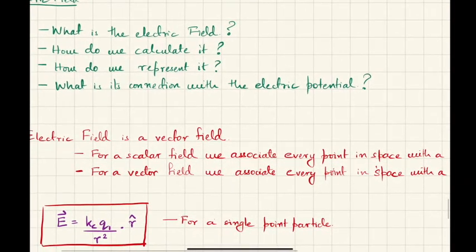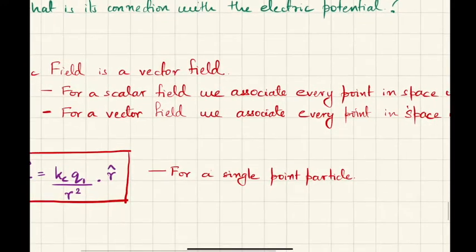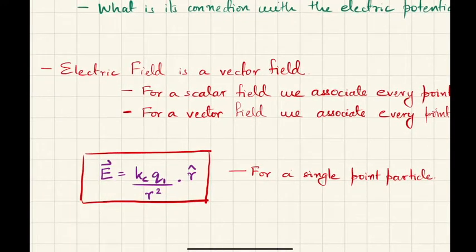Okay, so for a single point particle, this is what the electric field looks like. We denote it by the capital E, and it's a vector, so it's E vector.